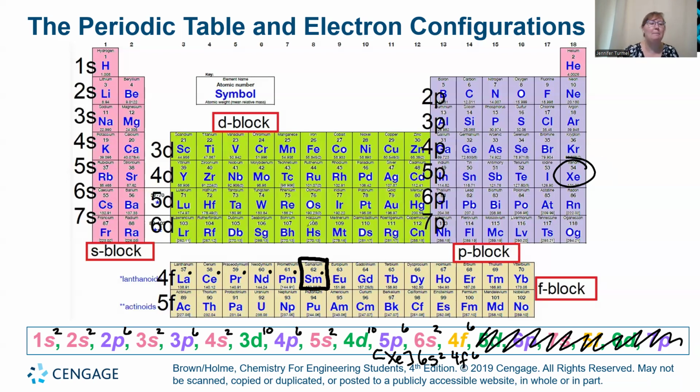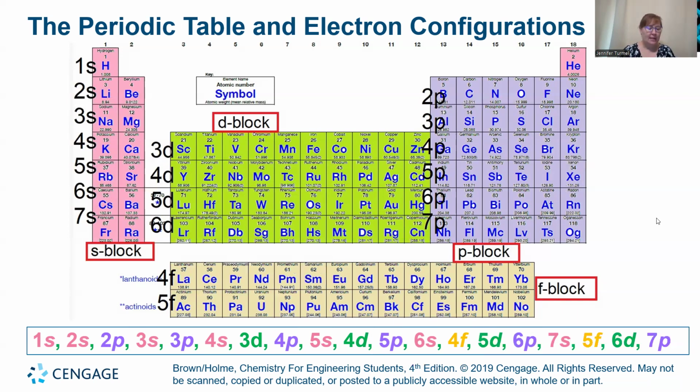All right, now let's look at bismuth. And I'm going to teach you something slightly different for bismuth, another way of working our way backwards. So bismuth is number 83, and it's right here.